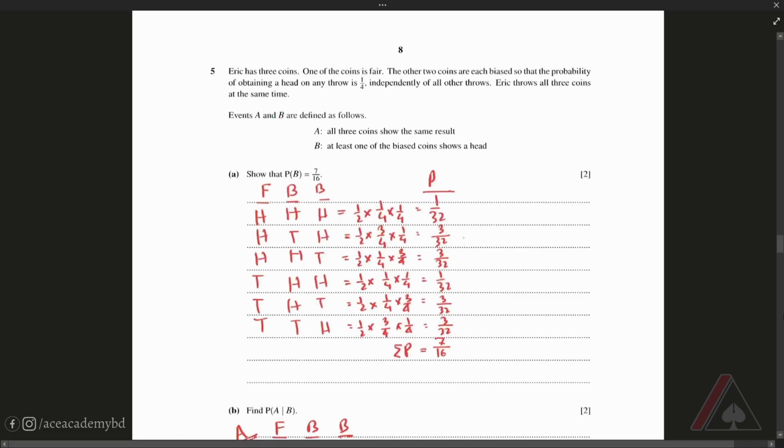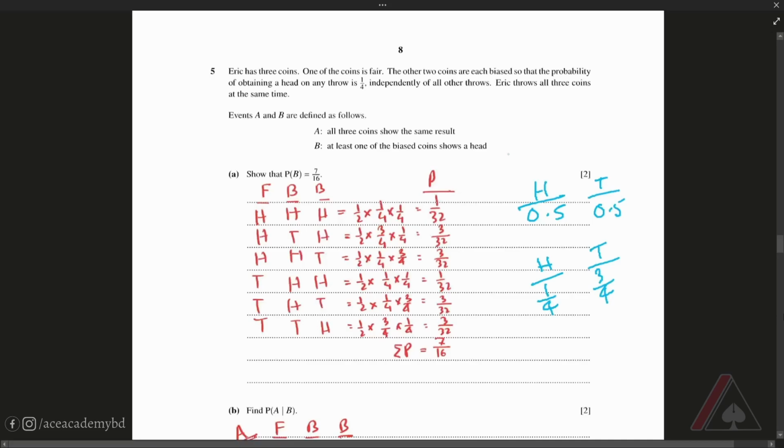So one coin has a probability of half being head and half being tail. And the other 2 coins, independent of the throw of any other coins, have a probability of 1 by 4 of landing a head and 3 by 4 of landing a tail.